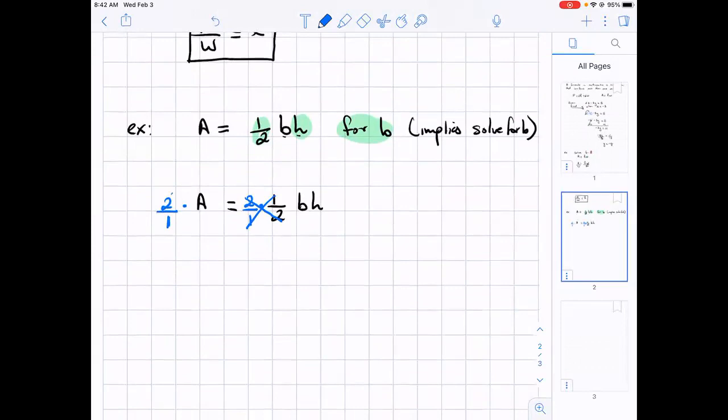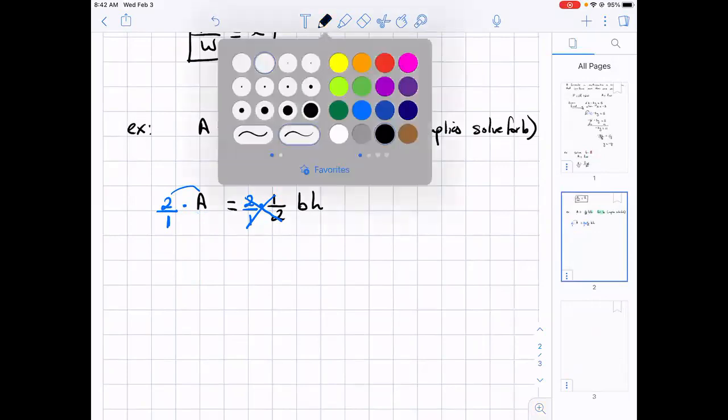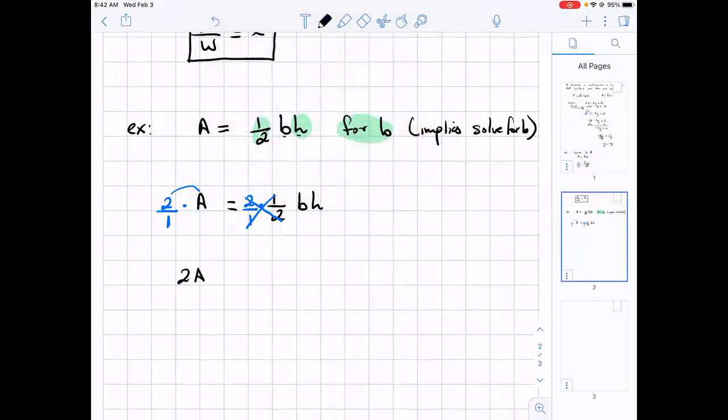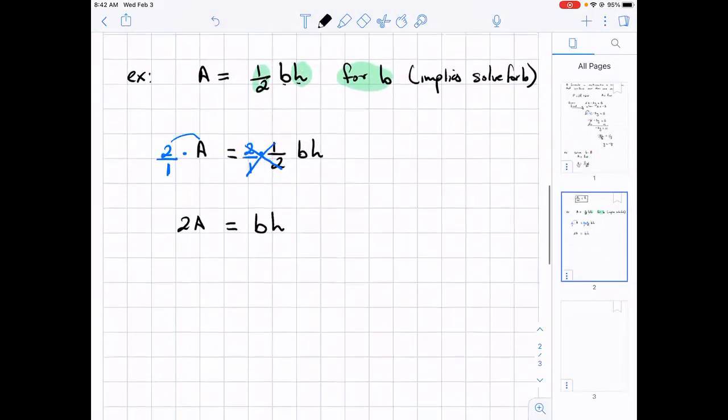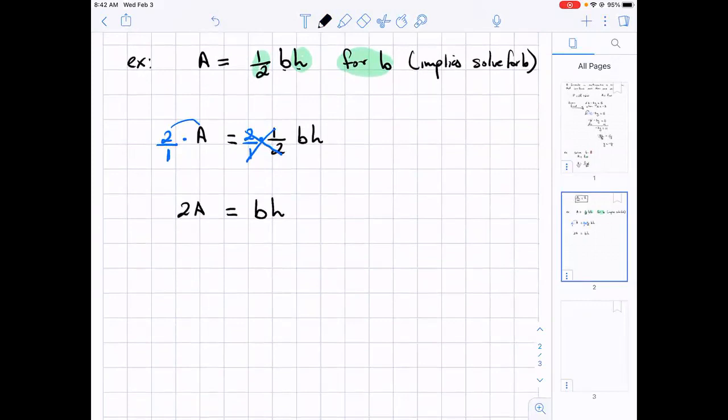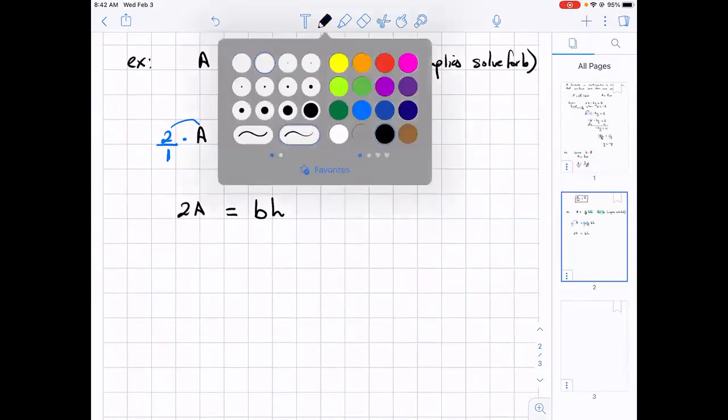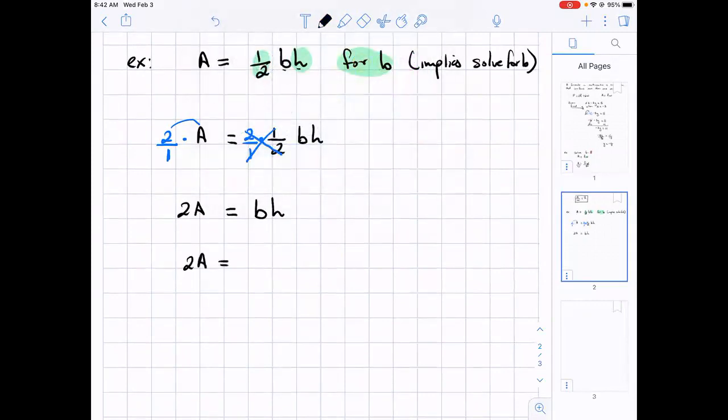And on this side now, 2 times A is 2A. And if you want to put this over 1, 1 times 1 is 1, so we don't need to write it over 1. And that is now equal to, I should have written in black, 2A is equal to BH. And now remember, we're solving for B, so we have to remove the H. So what we do now, we divide both sides by H. Okay.